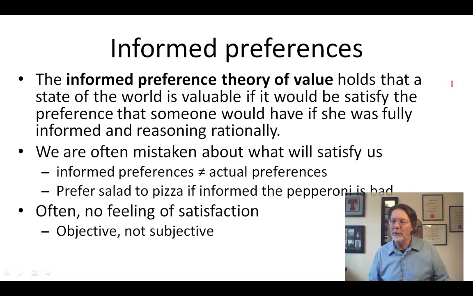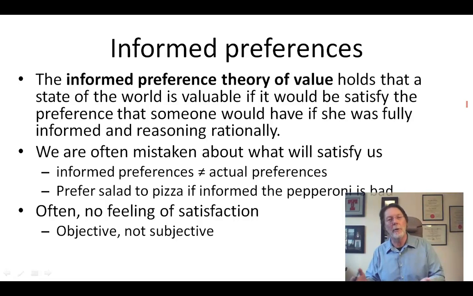This willingness to pay contrasts, in the pizza example, with the informed preference theory of value, which holds that a state of the world is valuable if it would satisfy a preference that you would have if you were fully informed. People are often mistaken about what they want. My earlier example was the pizza.